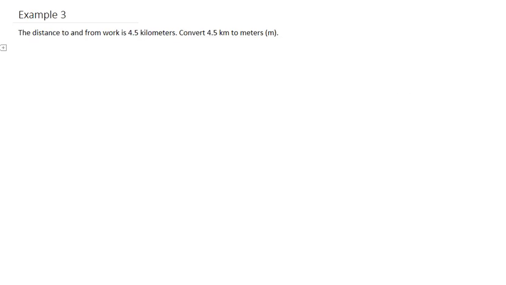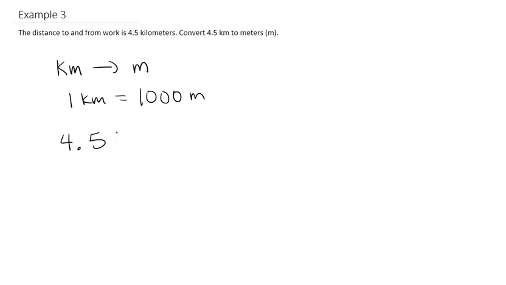Example 3. The distance to and from work is 4.5 kilometers. Convert 4.5 kilometers to meters. So we need to go from kilometers to meters. Now we know 1 kilometer is equal to 1,000 meters. So we're going to use this conversion factor. So let's set up our problem.